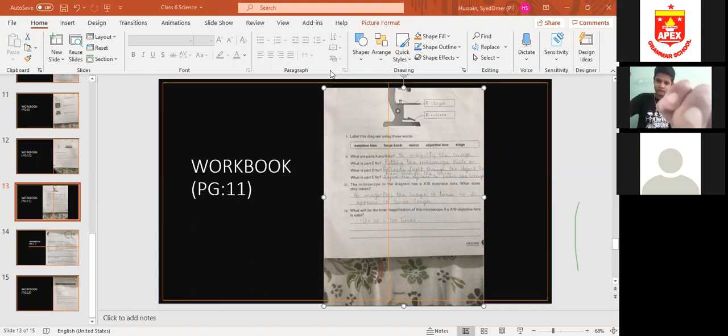I have unmuted you. Eyepiece lens. Okay. So A is eyepiece lens. So all of you can write eyepiece lens.